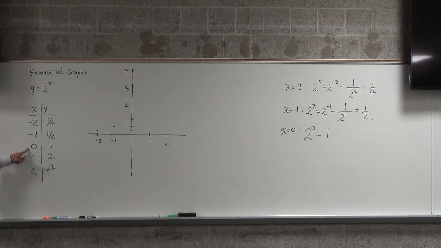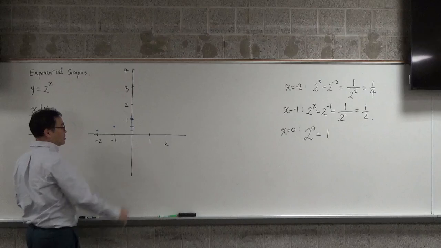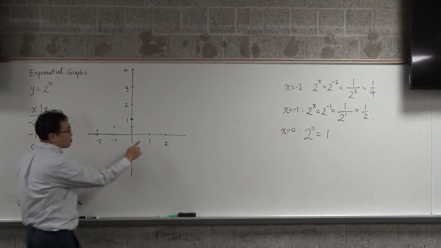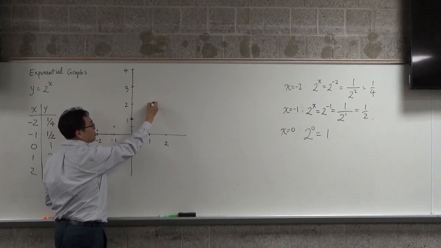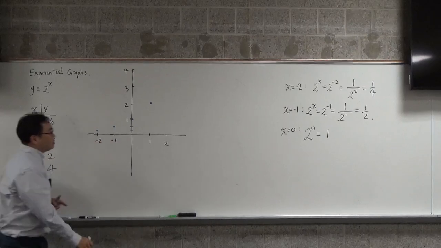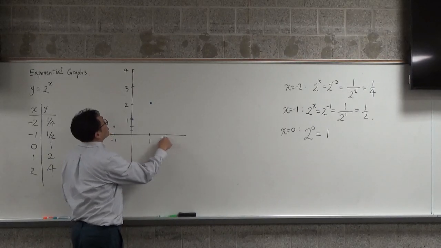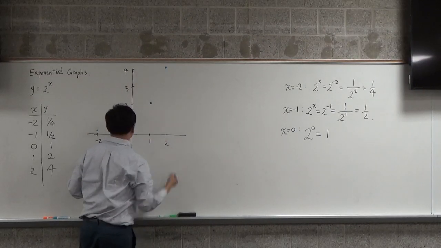Okay, next. Where's (0, 1)? Right here. And then (1, 2). X coordinate 1, y coordinate 2. Look where they meet. They meet right here. Okay, and (2, 4). X coordinate 2, y coordinate 4. They meet up here.